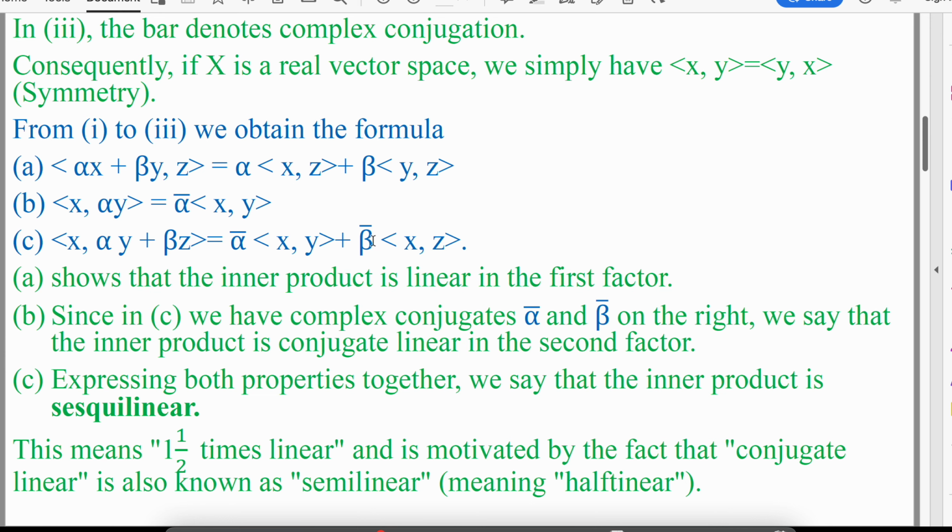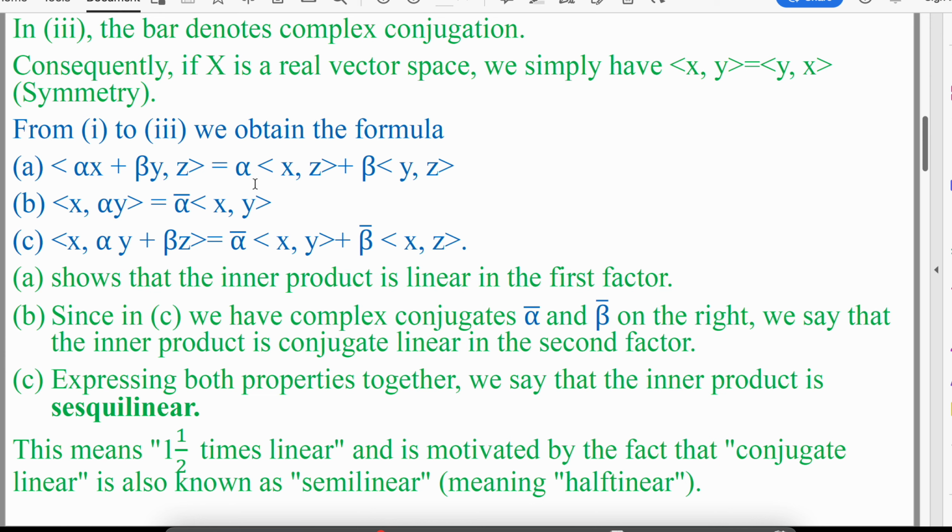In the second vector, although it is somewhat like linear, it is not completely linear, because here we have alpha bar and beta bar, which are complex conjugates of alpha and beta respectively. So we say that inner product is conjugate linear in the second vector. This we call linear in the first vector. It is complex conjugate in the second vector.